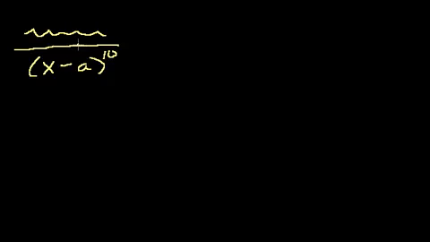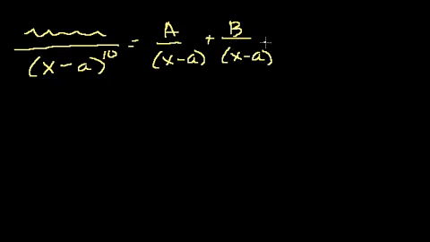If we wanted to decompose this partial fraction or expand it, it would be a over x minus a. It's a different a. I'm just showing this for plus b times x minus a squared plus, and you go on. You'd have 10 terms, plus I don't know what the 10th letter of the alphabet is. Maybe it's J. J over x minus a to the 10th.